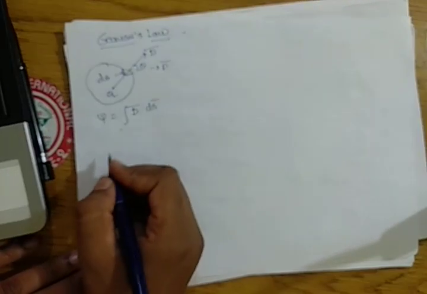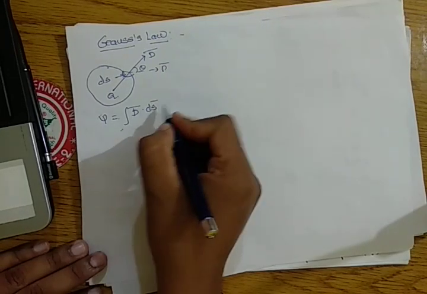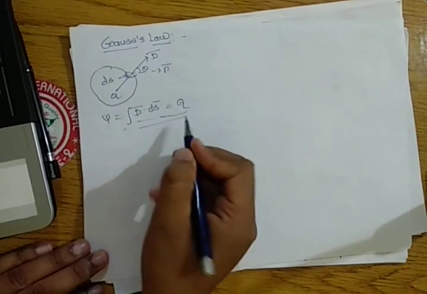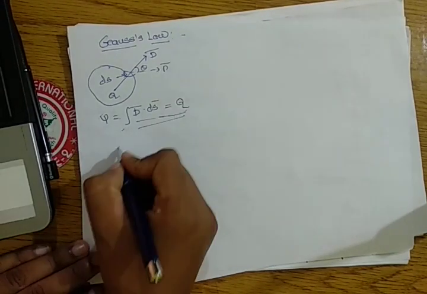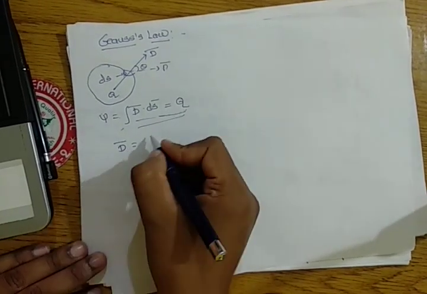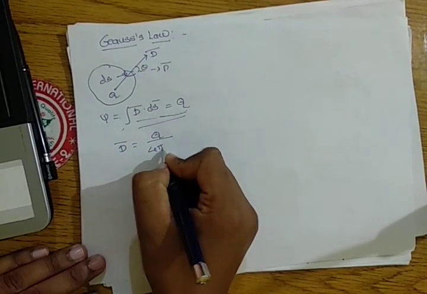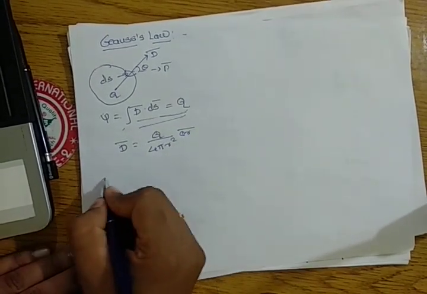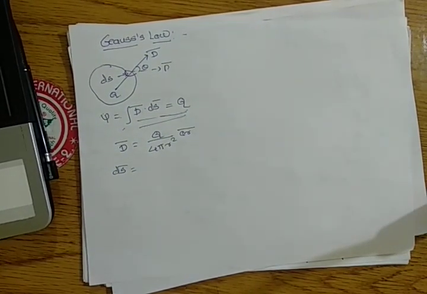So we have to now see the proof for the Gauss law. Psi is equal to Q, so that we should prove. First of all, we will see what is D bar. D bar for the spherical coordinate system will be Q divided by 4 pi r square, a r bar. Now we have to find out ds bar. If you consider the sphere, what is constant?